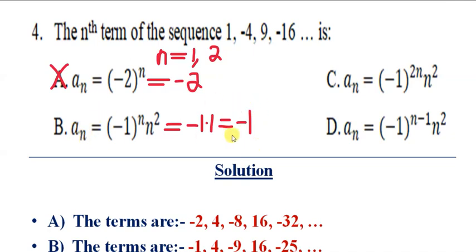The first term A1 gives us -1 here, but our first term in this sequence is 1, and therefore this cannot be the answer. Let us see.